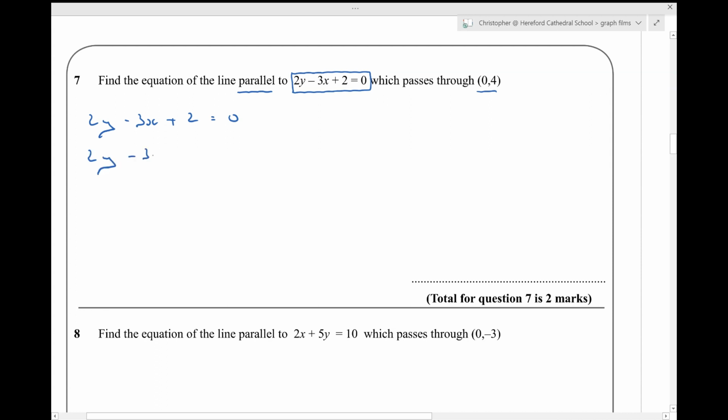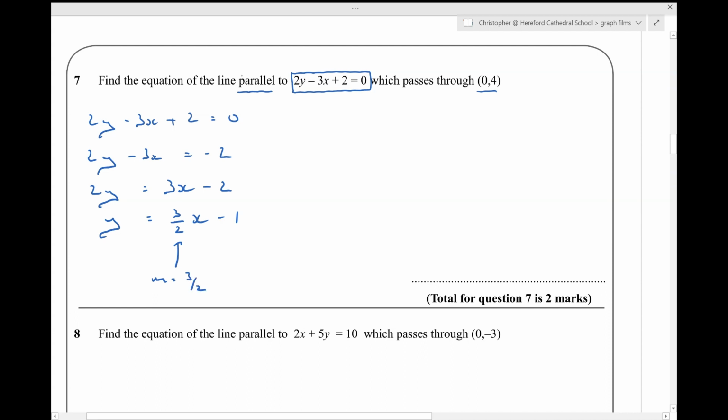I'll start by subtracting 2 from both sides. Now I'll add 3 to both sides, and now I'll divide both sides by 2. Now I can read off that the gradient of that line is 3 over 2.